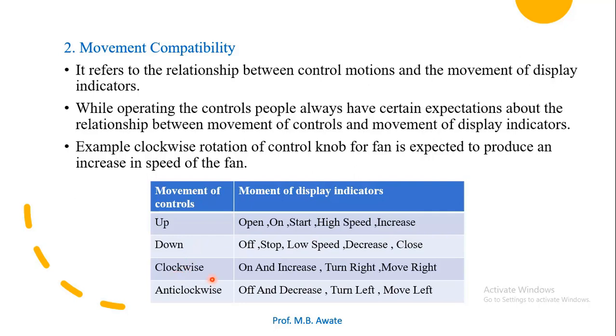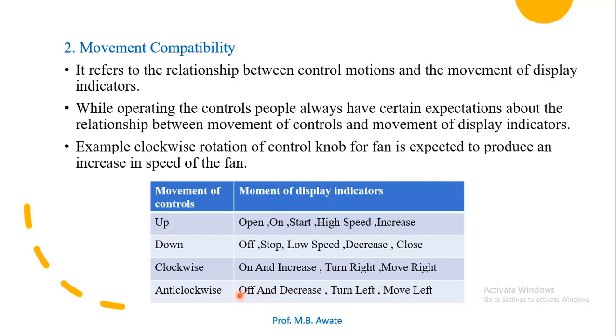Again, if movement of control is clockwise, then movement of display indicators will be either on or increasing. Clockwise sometimes means turn right or move right. Anti-clockwise means opposite to this, so it will be off. Movement of display will be either off or decrease.